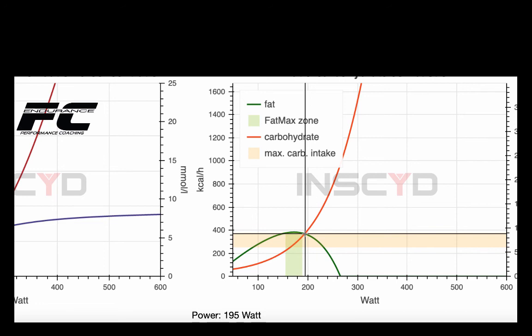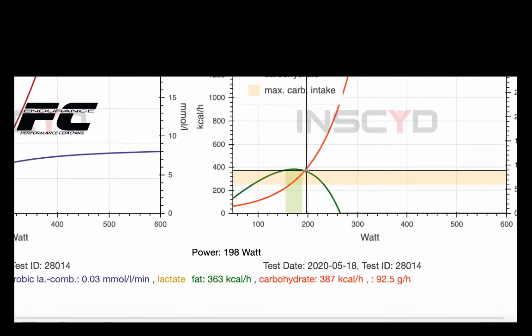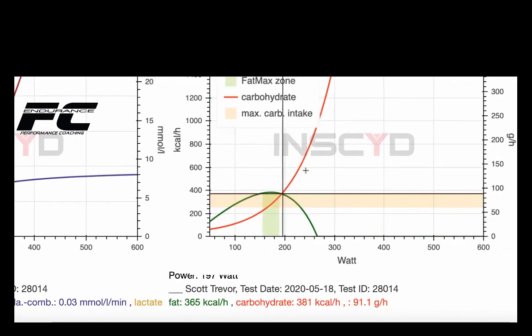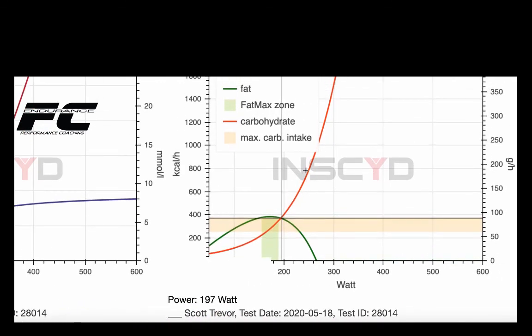At 195 watts, that shows that you are requiring about 90 grams of carbs per hour, and you're at about 365 kilocalories of fat per hour. So this chart here will give you some good info, and I can explain this in more detail and go over this with you if you have questions.